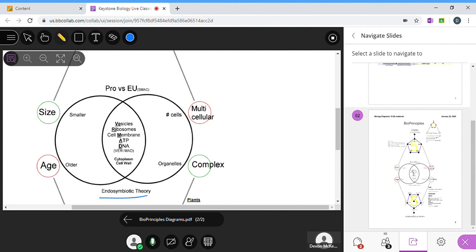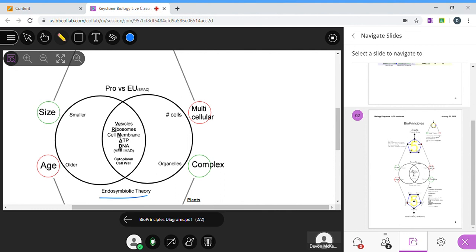It made ATP. In fact, it made ATP so well that it gave this big prokaryote an evolutionary advantage. And another little prokaryote became really good at making glucose. And over time, it gave that big prokaryote a big advantage because it always had energy.